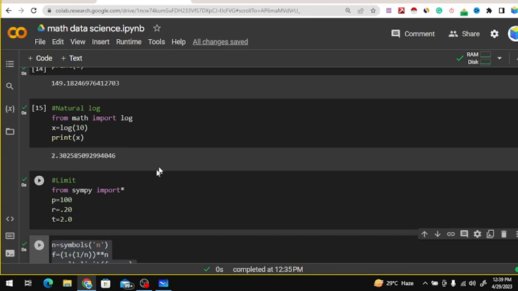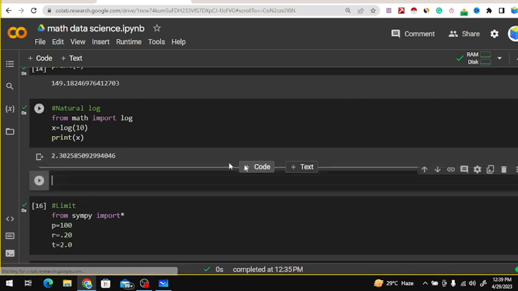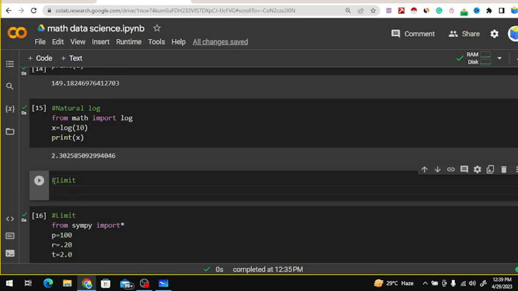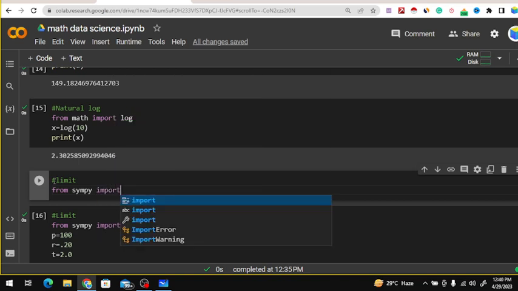Let's write one more thing, we are discussing the limit. From sympy import star.